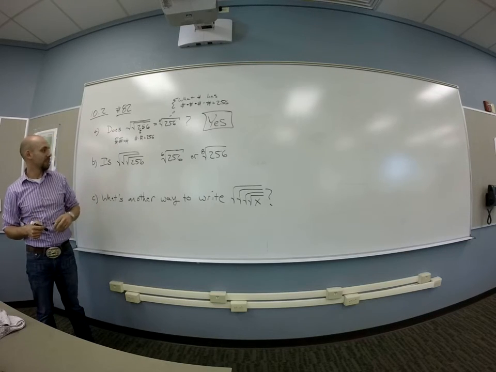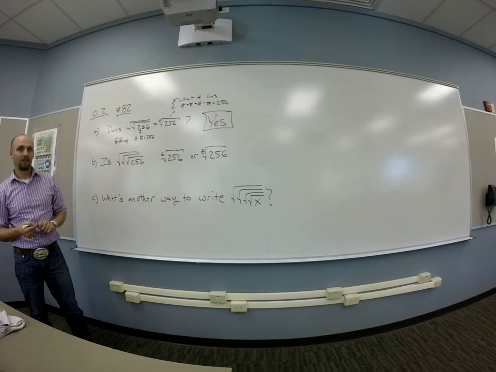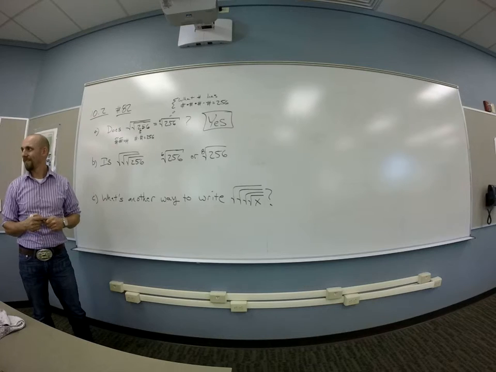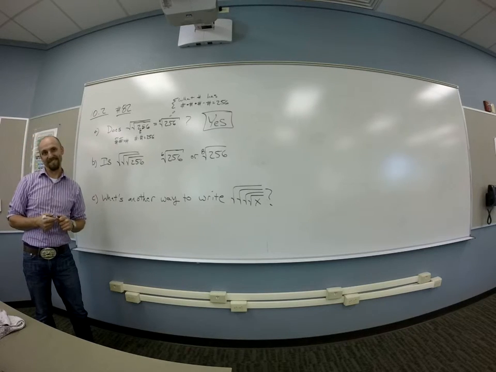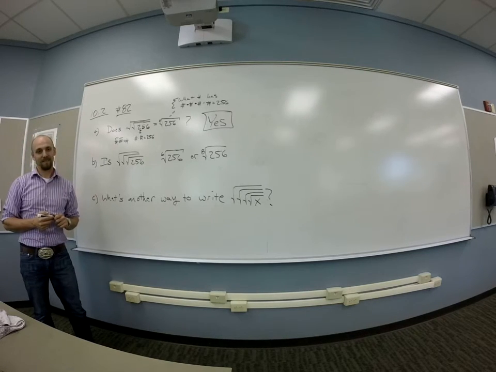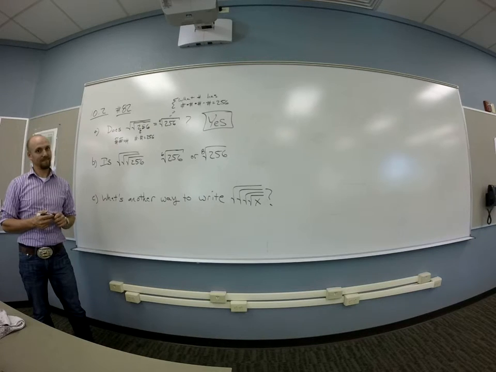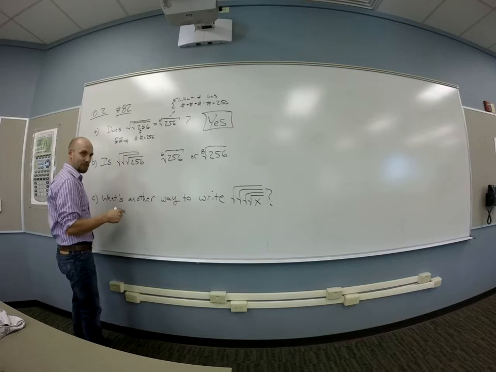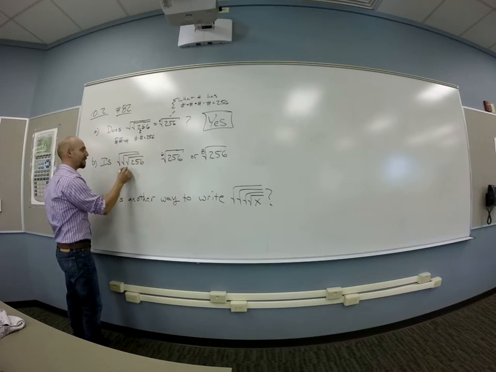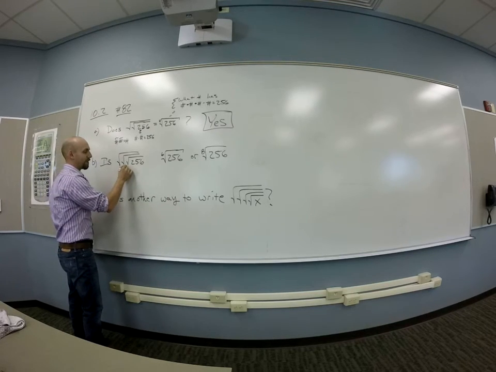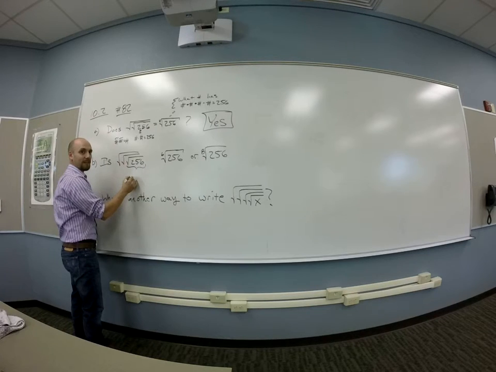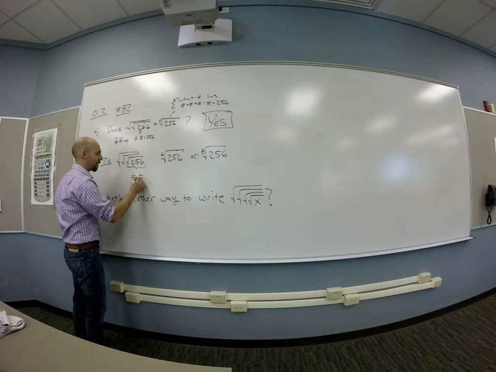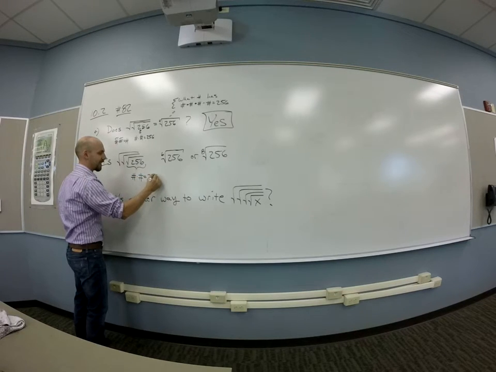Okay, how about this? It's a 6, 256. Really? Is that supposed to be the pound sign? Yeah, it's just a pound sign to represent the word number. This guy, right, is number times number is 256, right?